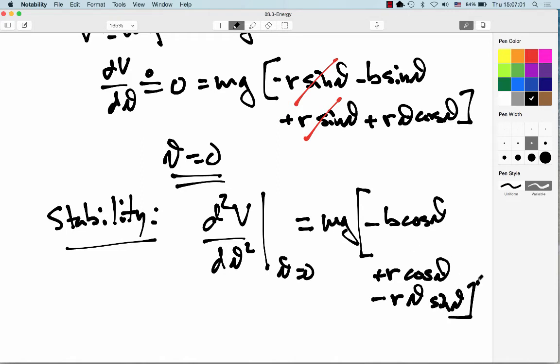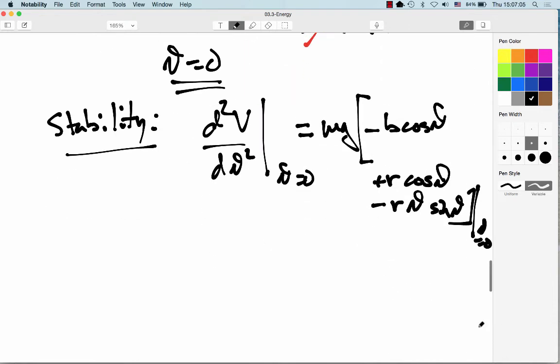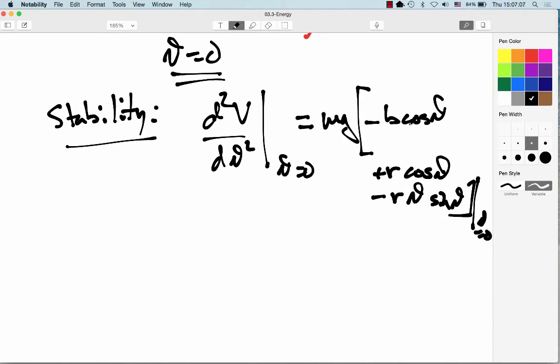And we need to evaluate all that at theta equals 0. Okay, so at theta equals 0, all the cosines are 1, all the sines are 0, and the theta itself is 0. So we get that our second derivative is equal to mg times r minus b.